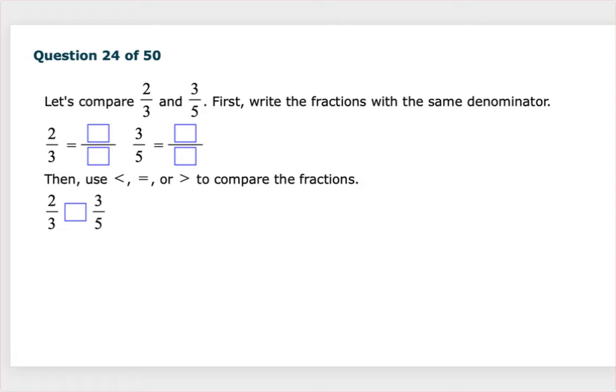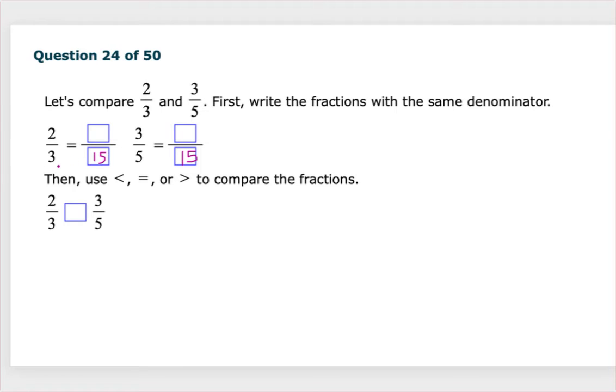Let's compare 2/3 and 3/5. First, write the fractions with the same denominator. So won't I go to 15ths? Let's see if I can write that small in there. We're going to go to 15ths because the least common denominator between 3 and 5 is 15.